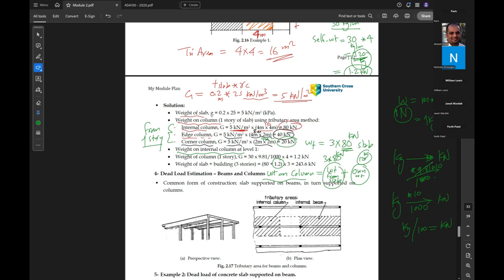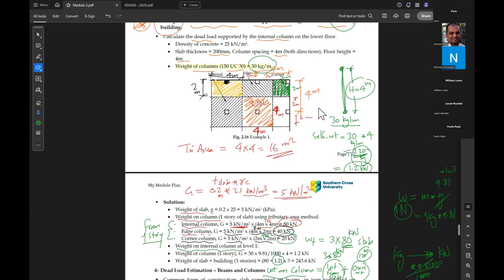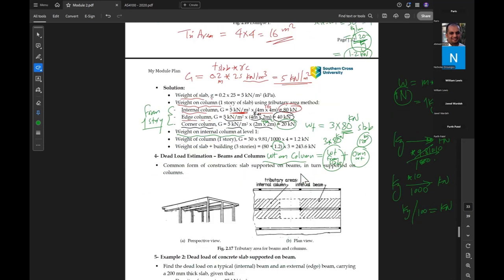Yeah. So this is for one story only, right? So we calculated for one story. How many stories do we have? 3. So the total weight will be 1.2 times 3 as well. So we have 3 times 80 plus 3 times 1.2.